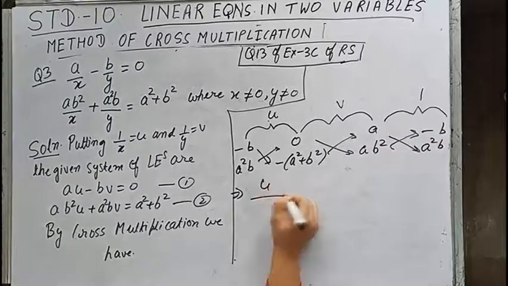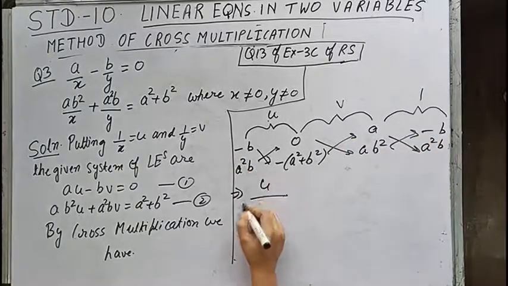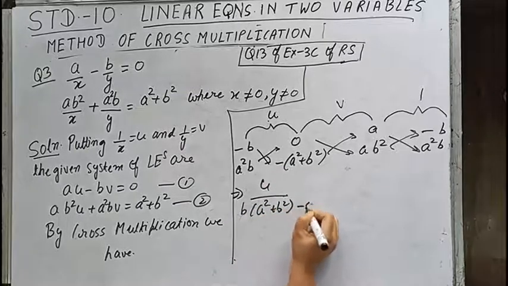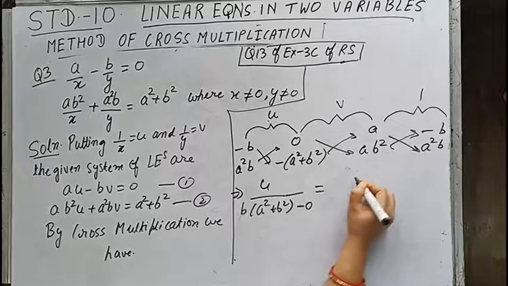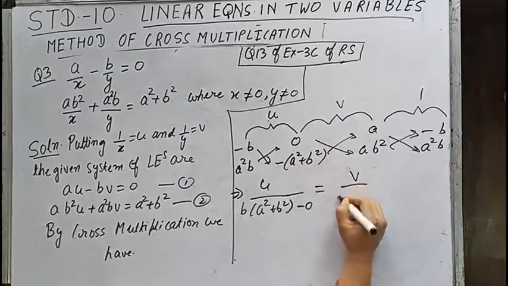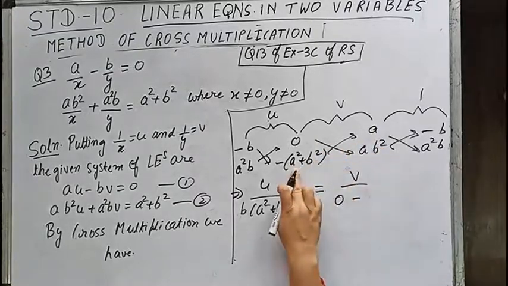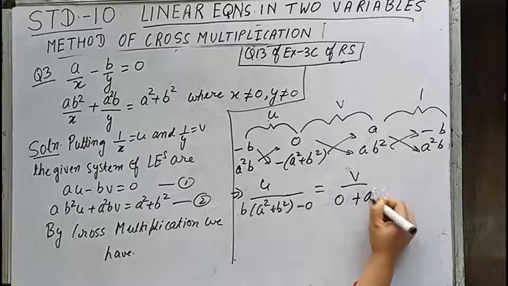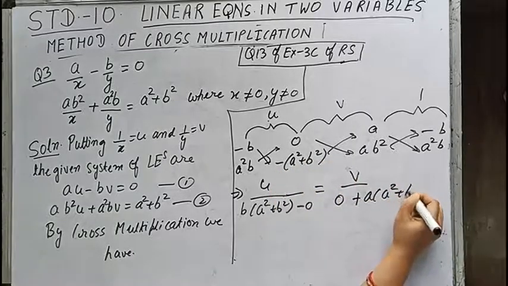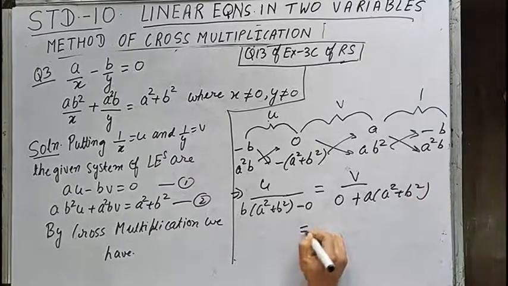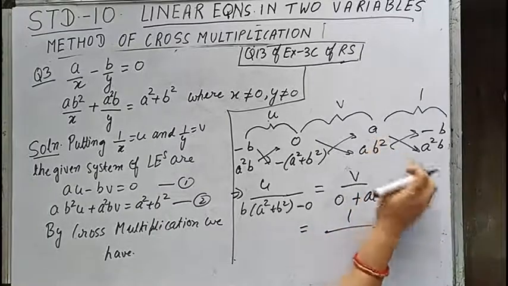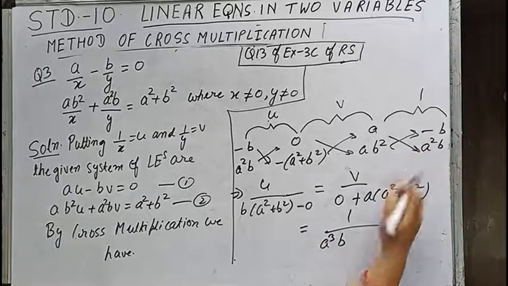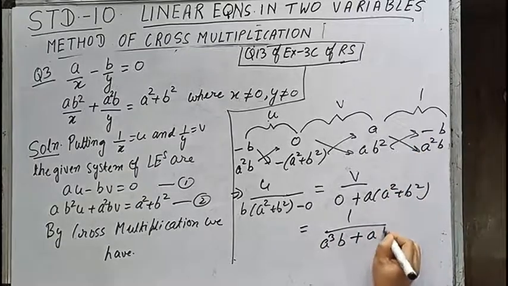Now u divided by this minus plus b into a square plus b square minus of 0 equals v by 0 and minus, so this is already minus sign, so plus a into a square plus b square equals to 1. Now over here this will be a cube b and minus sign, so plus ab cube.